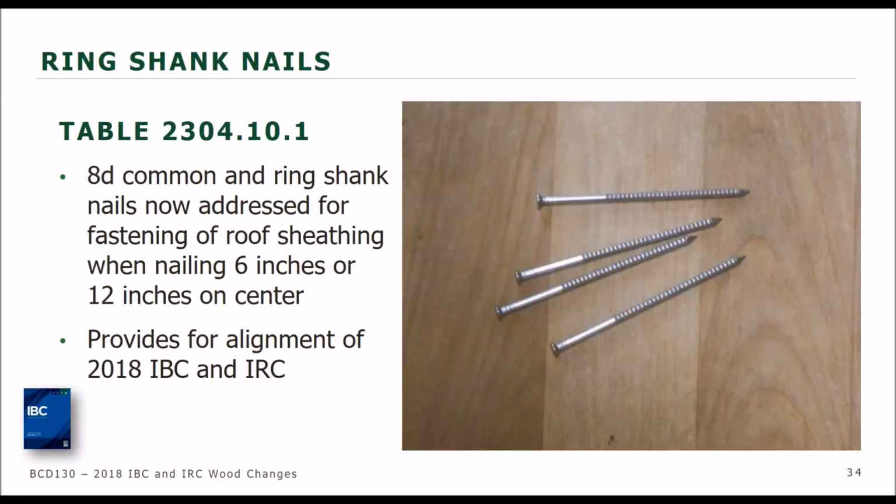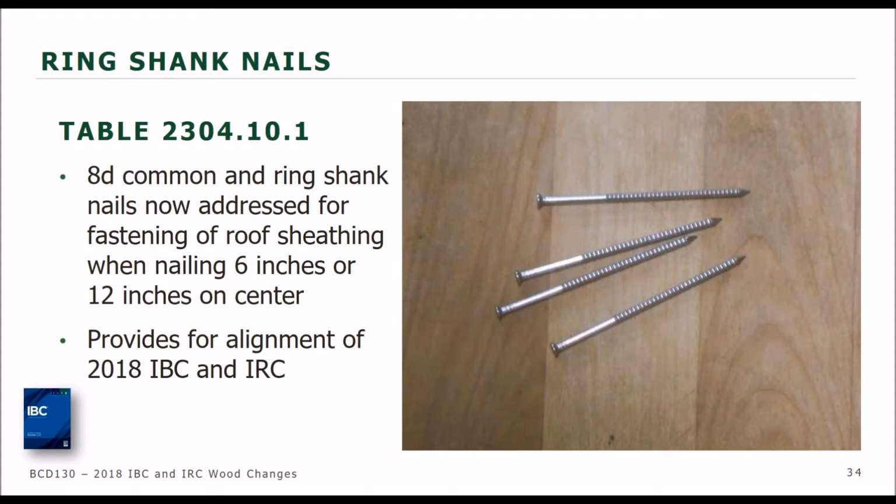Okay, now further into Chapter 23, we have roof sheathing requirements now related to general construction requirements. If most of you are familiar with the IBC, there's a fastener schedule in Table 2304.10.1 that has been modified to include 8-penny and ring shank nails that are addressed now in this table when the nails are required to be at 6 inches on center or 12 inches on center.